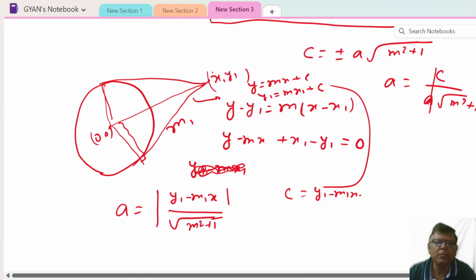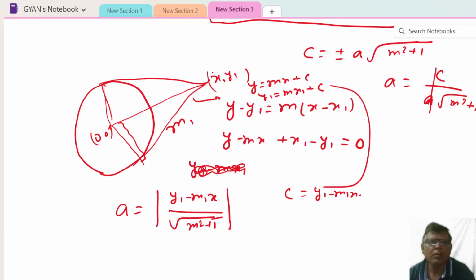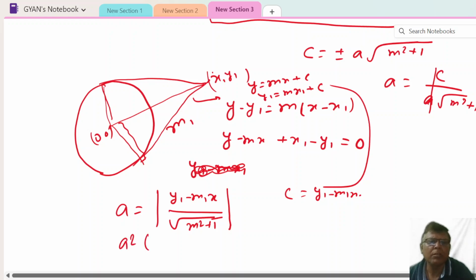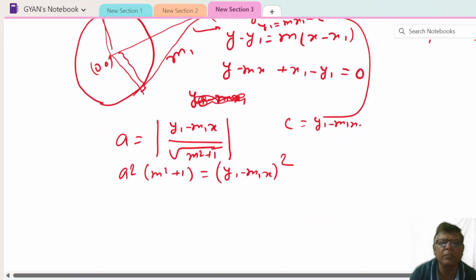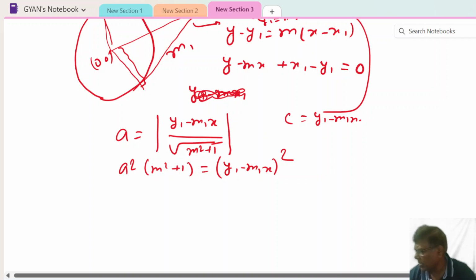So this is the radius. Now square it both sides. So a square into m square plus 1 is equal to y1 minus m1x the whole square. Squaring it, mod is not required.